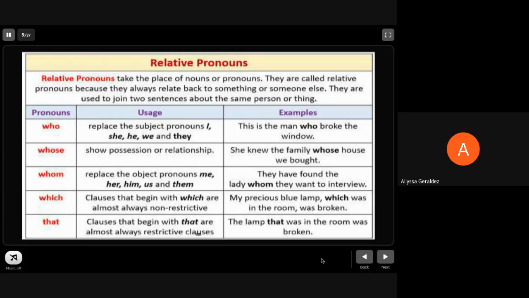And that clauses that begin with that are almost always restrictive clauses. Restrictive clauses mean that it's very essential, a very important part of the sentence. Example, the lamp that was in a room was broken.